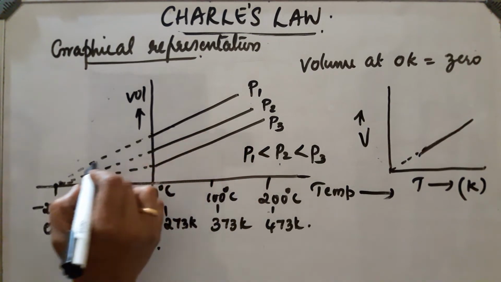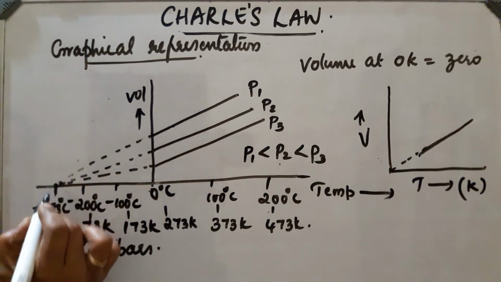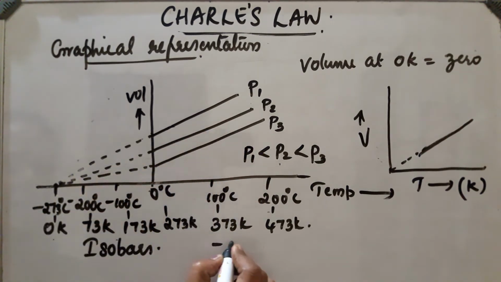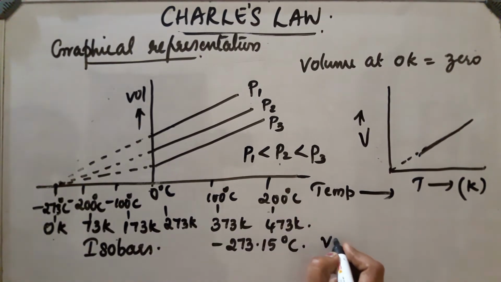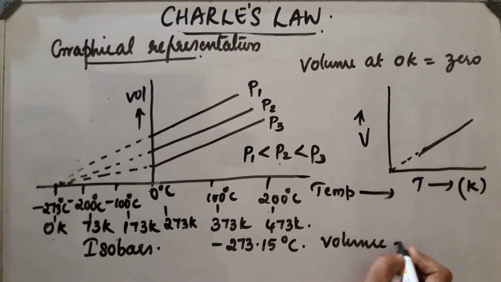If we extrapolate this graph to 0 Kelvin or minus 273.15 degrees Celsius, what happens? The volume reaches 0.